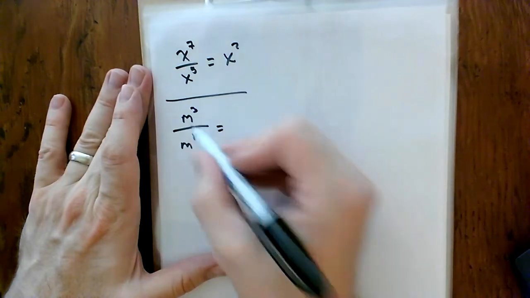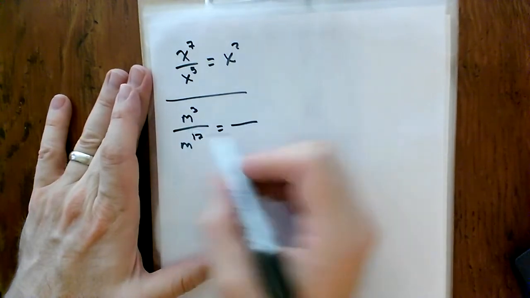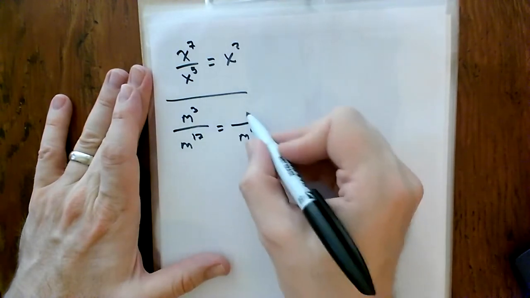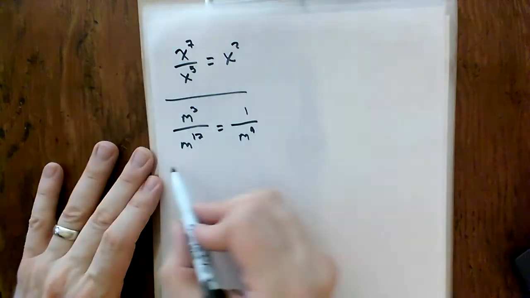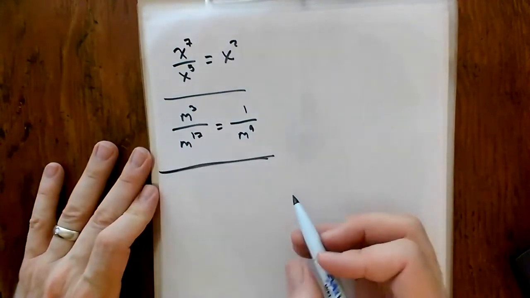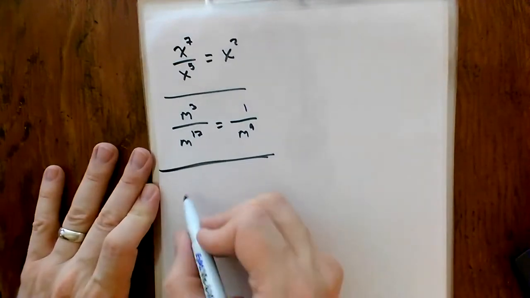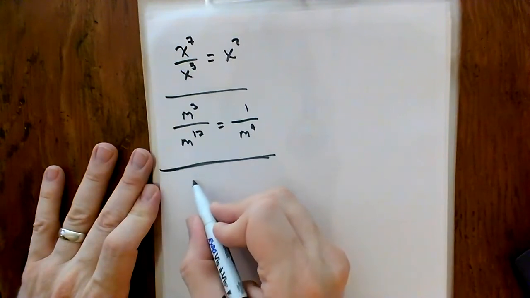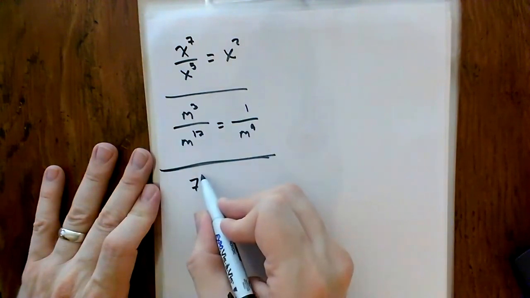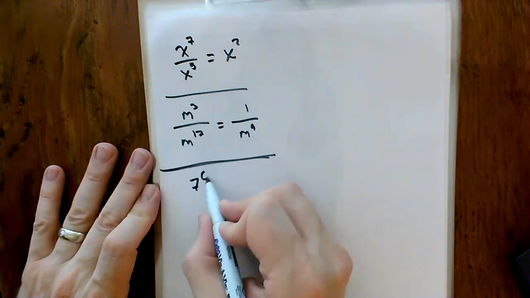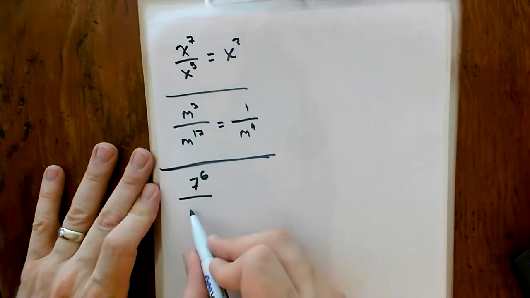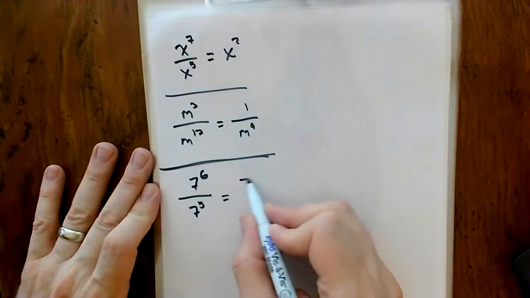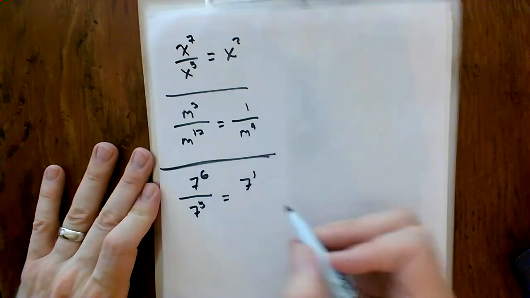Oh, 12 minus 3. I've got my higher power in the denominator, so that's going to be m to the 9th down below. I'll still have a 1 up top. Okay. Let's do it again. Let's say I'll do this with some whole numbers now. I'll do 7 to the 6th power, and I'm going to divide this by 7 to the 5th. Oh, that's just going to be 7 to the 1st power over 1, which is just 7.